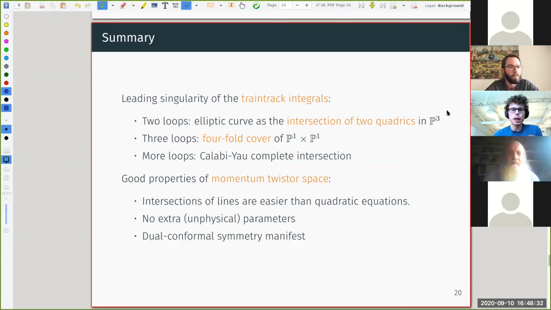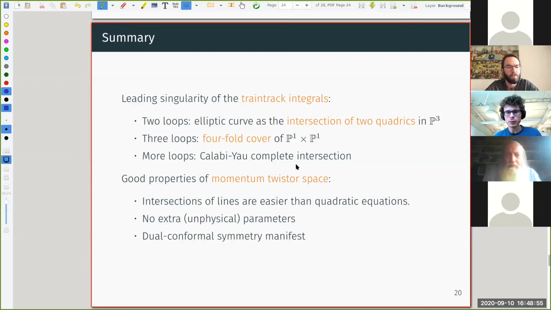For three loops, we had this fourfold cover of P1 times P1, and when we go to higher loops, we always have to add more equations, so we add more space and we add more equations in some sense. But just from how the equations scale, we can see that there's always going to be a Calabi-Yau in there.